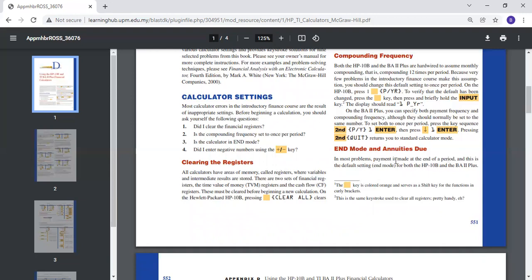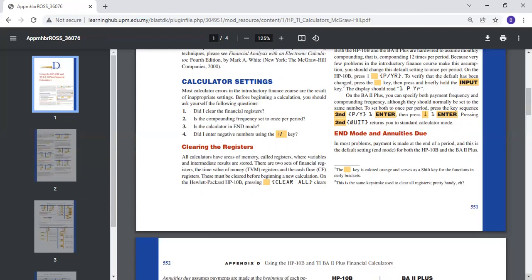So this is the default setting, end mode. I told you that it is important to leave it in end mode for both the HP 10B and the BA2 Plus. A time will come later on when I will show you how to change from the end mode to the beginning mode. But for most of the problems, we'll be using the end mode.